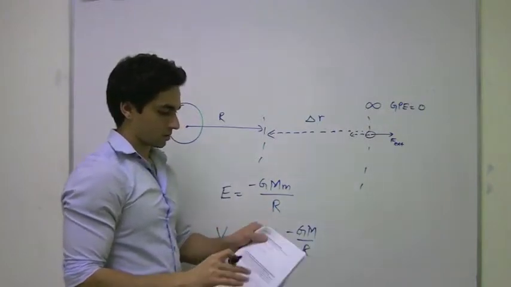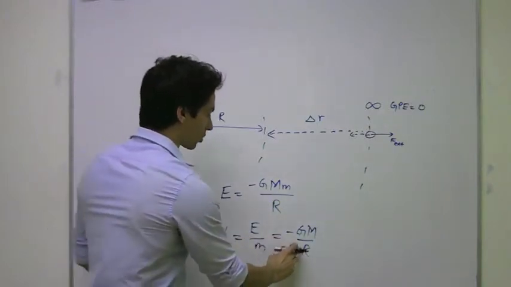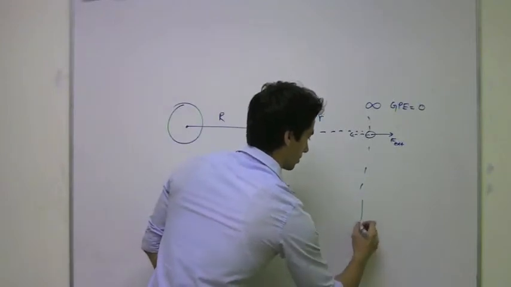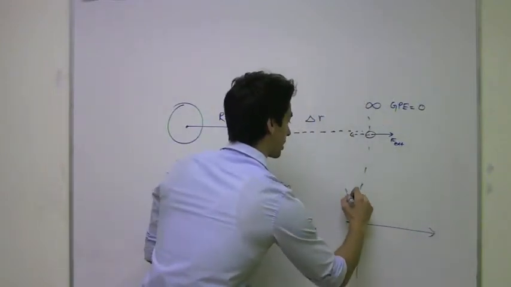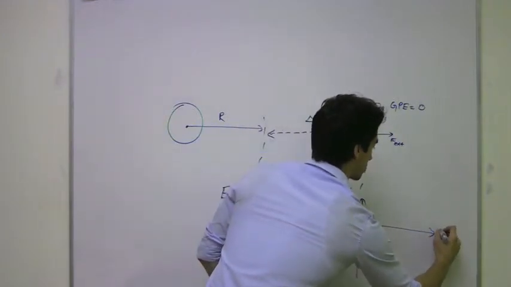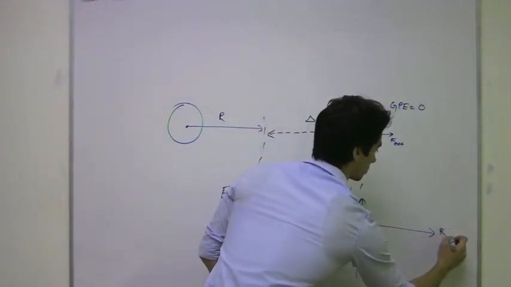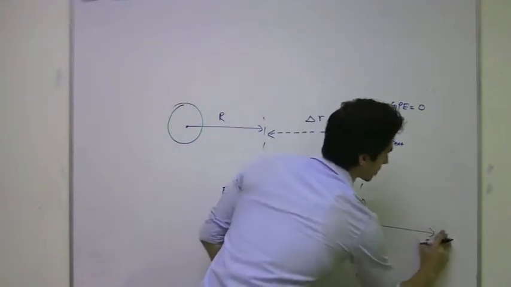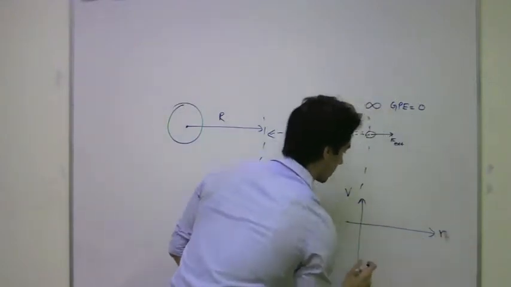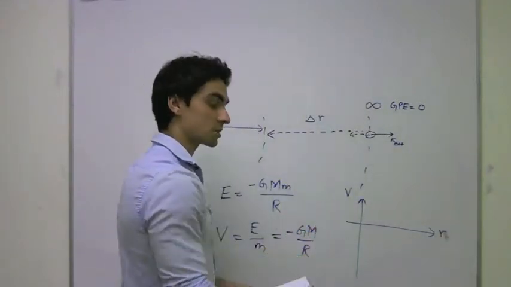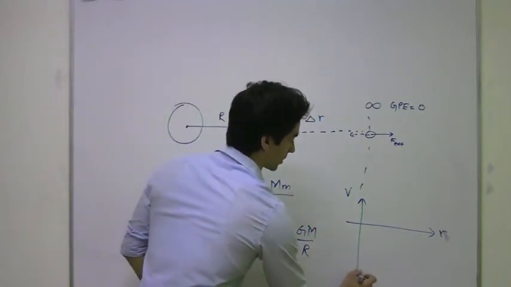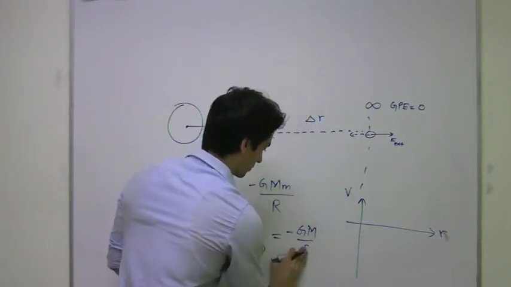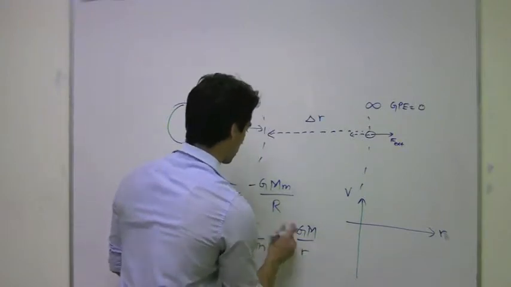If I have to draw a graph of this, potential versus the distance r from the center of a planet, you can see that it's an inverse relationship with r. This should be small r over here.